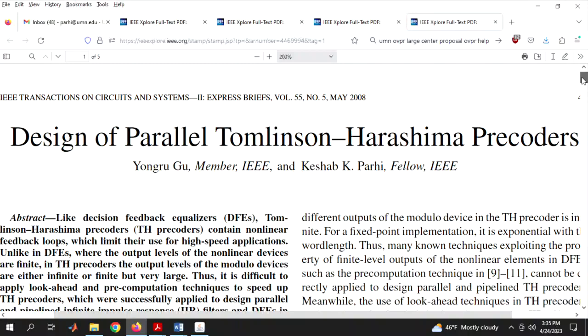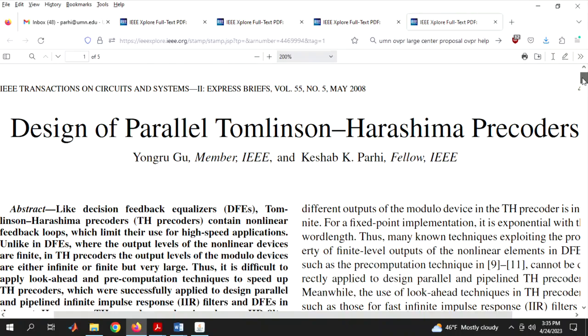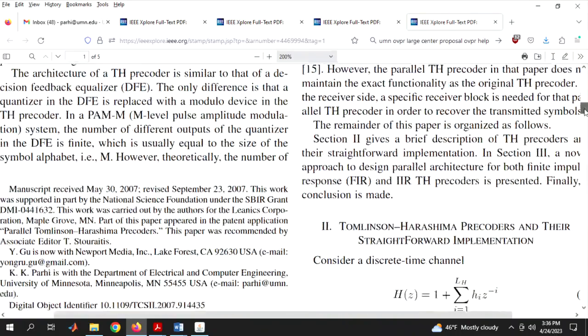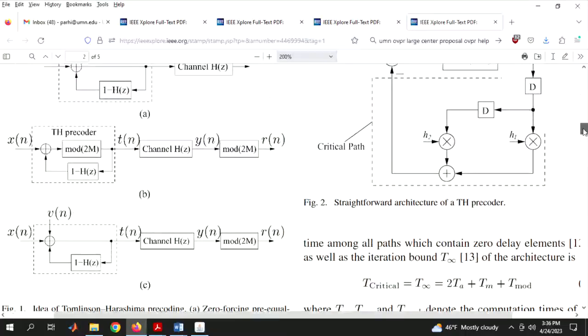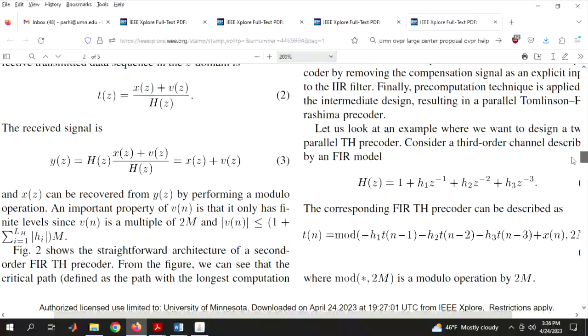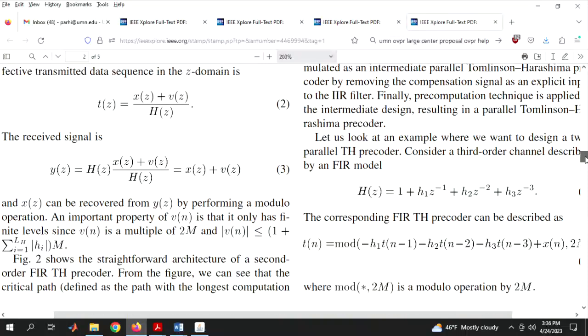He founded his own startup, I believe, In Play Tech, something like that. So he is developing new chips. Okay, so that's the idea of parallelizing the Tomlinson-Harashima precoder. That's part of 10 gigabit Ethernet chips.